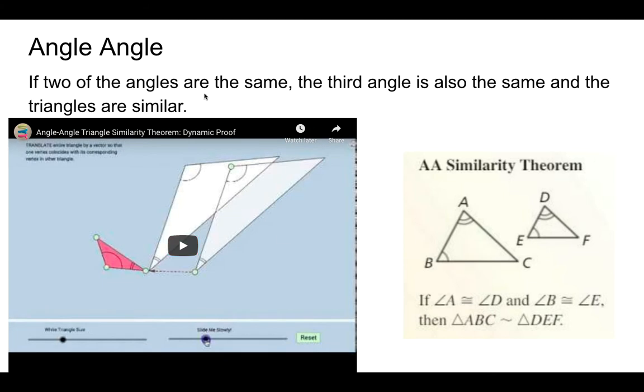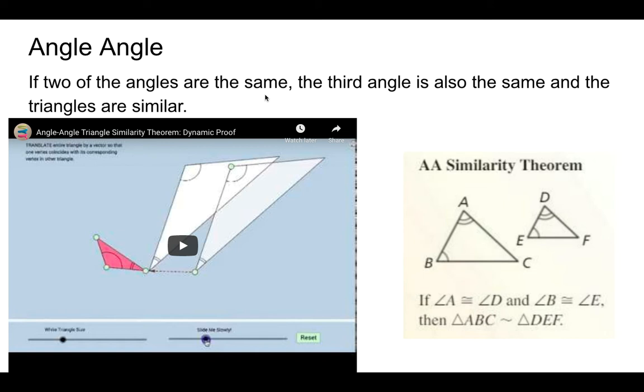Now, angle-angle says that if two angles are the same, the third angle is also the same. This means that if 3 angles of a triangle are the same, we know the shapes are similar, right? One of the definitions of similarity is that all of the angles are congruent. 3 angles are congruent, then the triangles are similar.